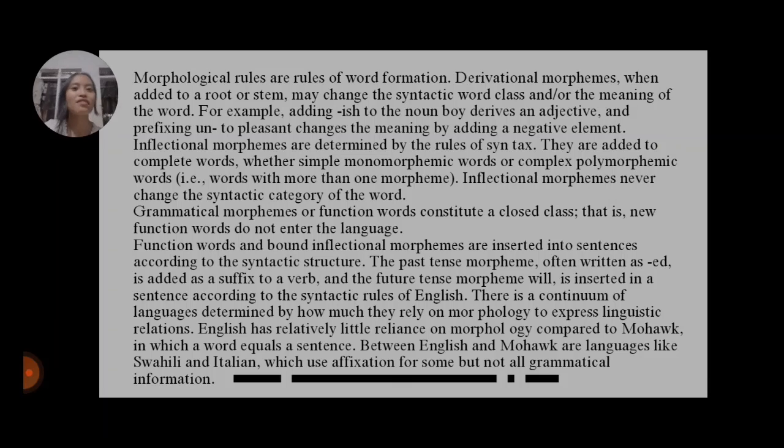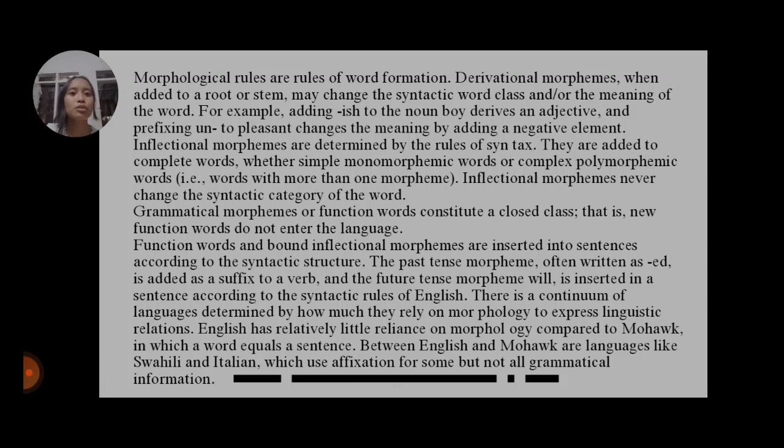Continuing, function words and bound inflectional morphemes are inserted into sentences according to the syntactic structure. The past tense morpheme, often written as ed, is added as a suffix to a verb, and the future tense morpheme will is inserted in a sentence according to the syntactic rules of English.